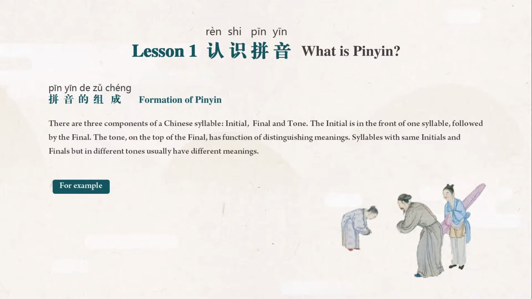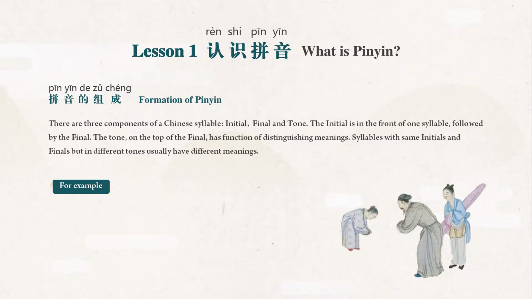拼音的组成. There are 3 components of a Chinese syllable: initial, final, and tone. The initial is in the front of one syllable, followed by the final. The tone, on the top of the final, has the function of distinguishing meanings.